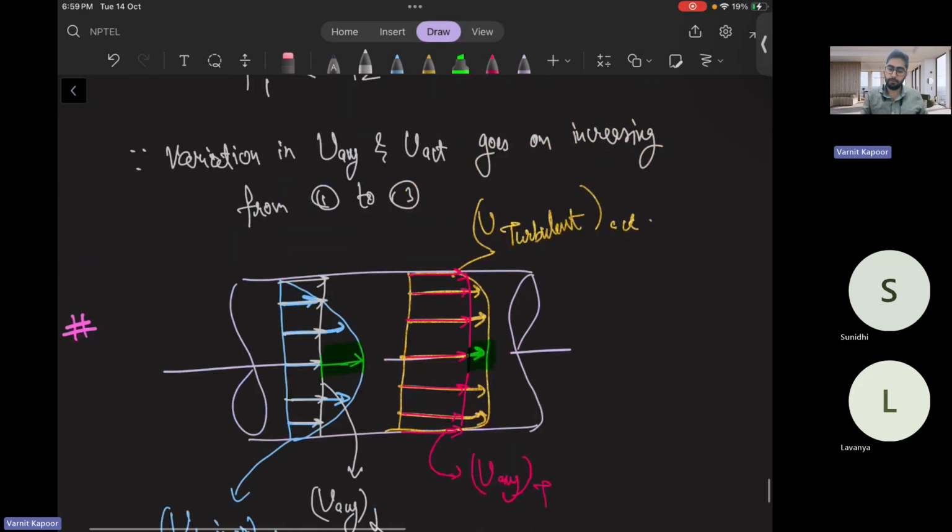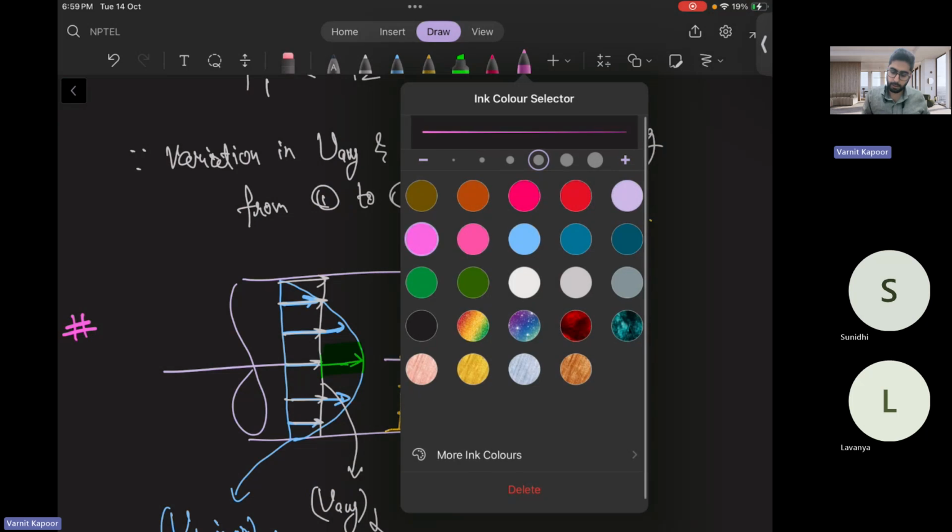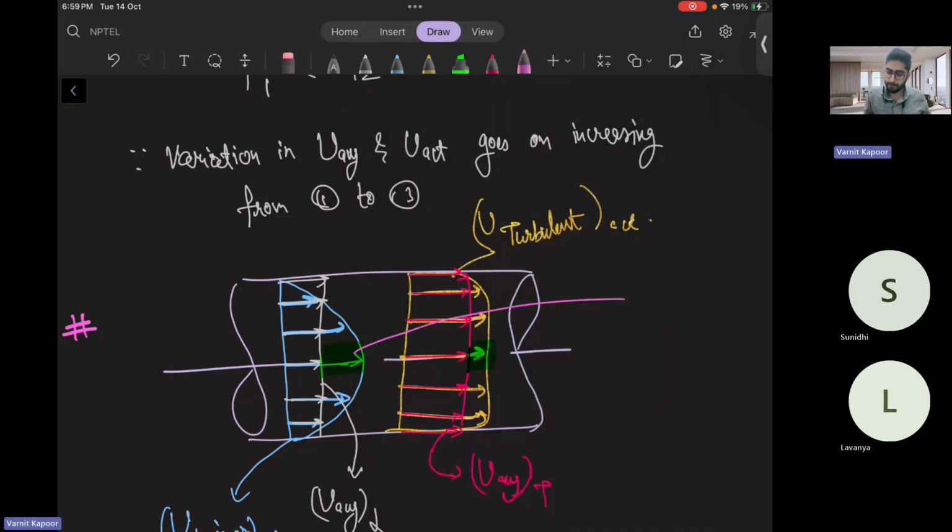Okay, this is your variation. Any doubts?